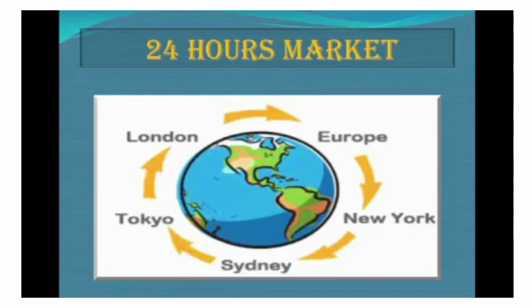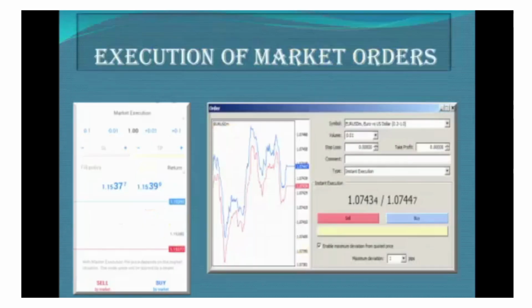You can customize your own trading as well. Looking here, you see London, Tokyo, Sydney, New York, and Europe. These are actually plugged into the Forex market sections, and these times also are plugged into the same trading system.